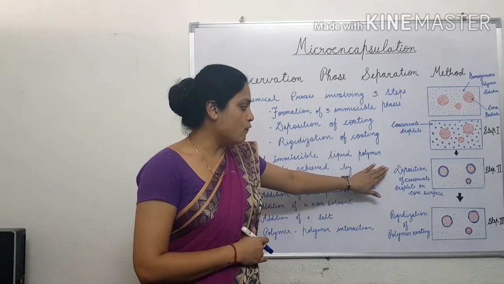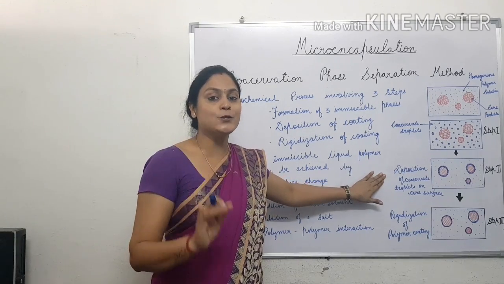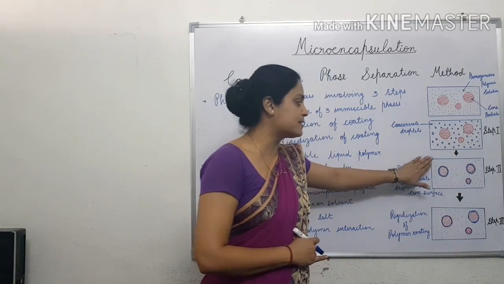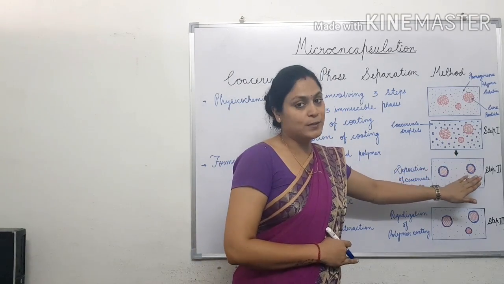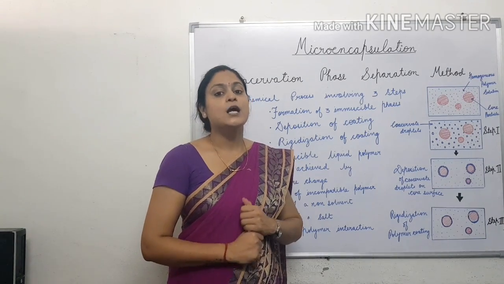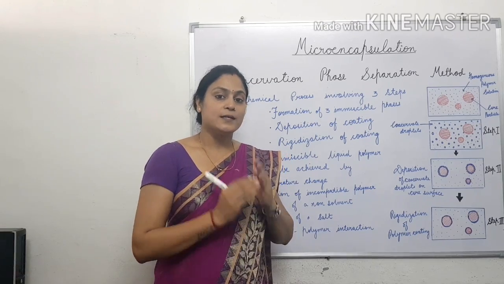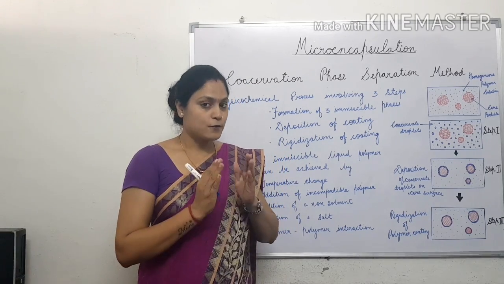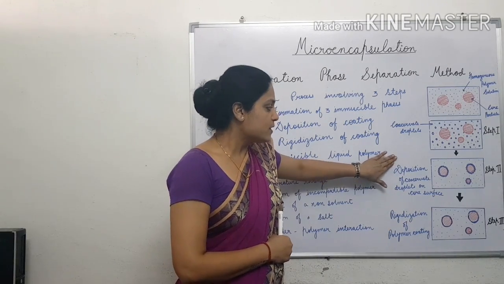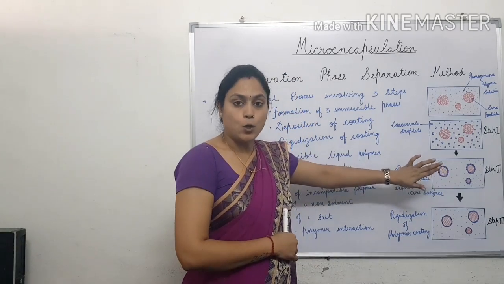This deposition of coacervate droplets on the core particle surface also continues because of the decrease in the total free energy of the system. As students, we know, as the surface area of the system is increased, total free energy tends to decrease, and the stability of the system also increases. So because this is a simultaneous process, the deposition starts and it continues till the core particle is coated.